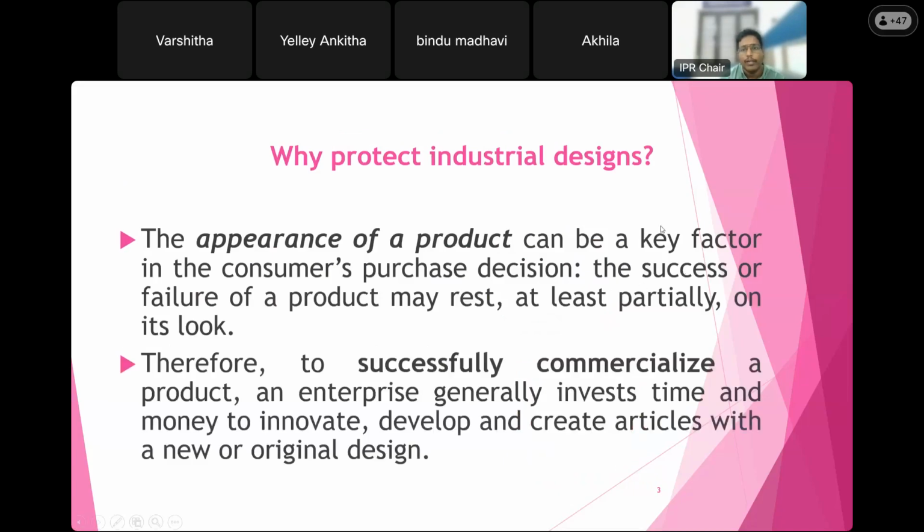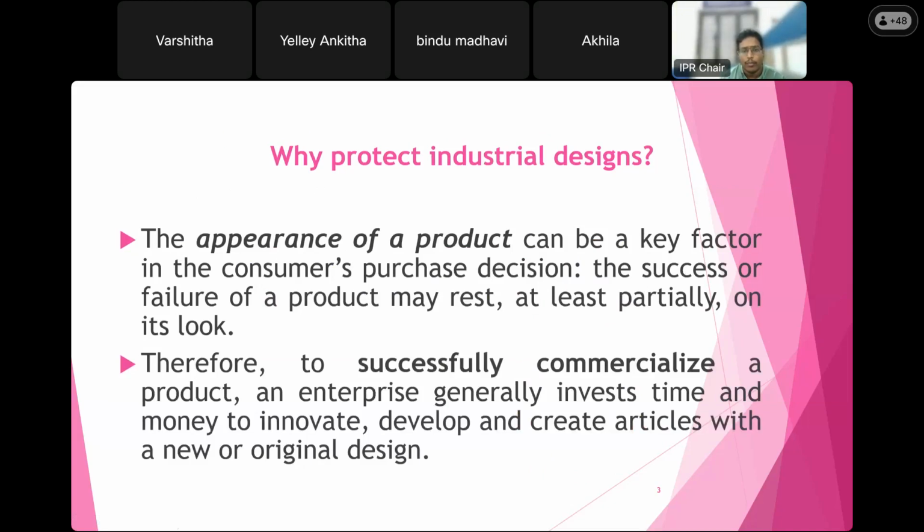Why protect industrial designs? Why do we want to protect industrial design? What are we going to get from it? That we're going to discuss here. The appearance of a product can be a key factor in the consumer's purchase decision. The success or failure of a product may rest at least partially on its look. For example, if you are going to buy a mobile, aesthetic appeal matters apart from the features.